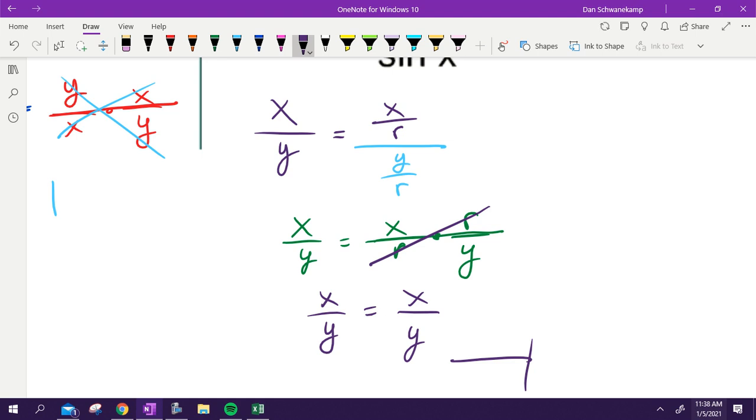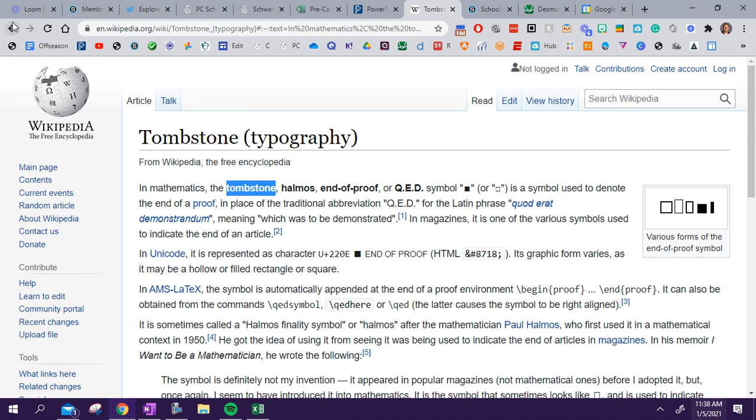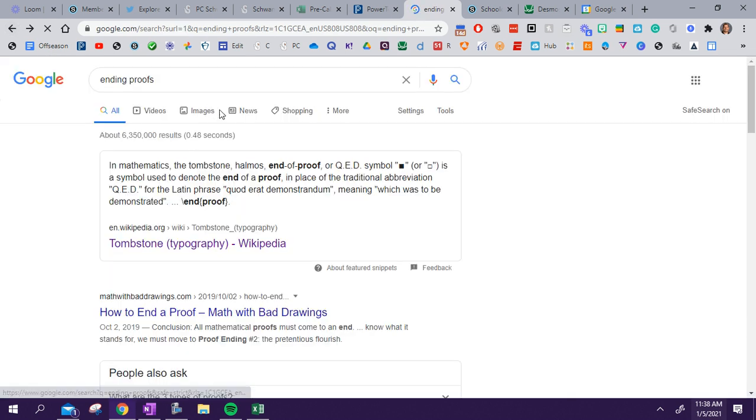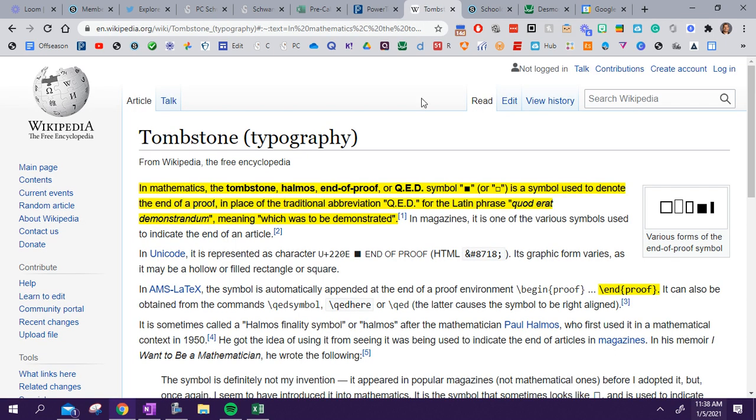When you do a proof, when you get into more advanced calculus classes, you're going to do proofs. Real analysis and fundamental theorems of calculus, all these different concepts, we're going to have proof marks at the end. So I went very high tech earlier and I Googled ending proofs. There are different ways we can end a proof, but I clicked on the first one.